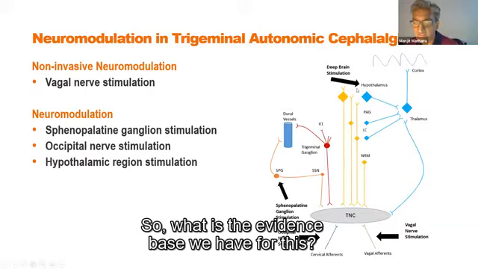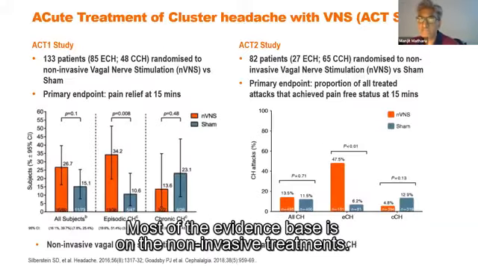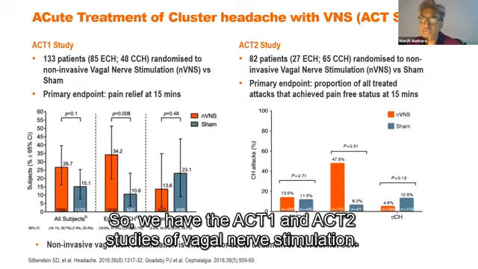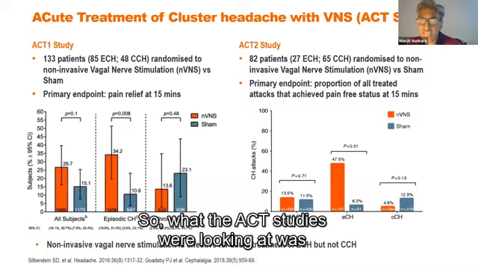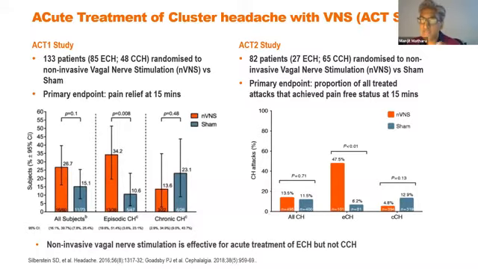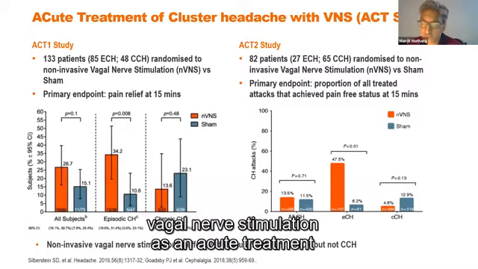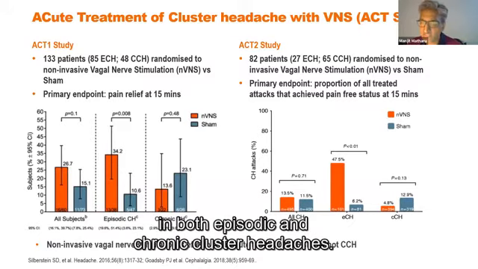So what is the evidence base we have for this? Most of the evidence base is on the non-invasive treatments. So we have the ACT 1 and the ACT 2 studies of vagal nerve stimulation. What the ACT studies did is they were looking at vagal nerve stimulation as an acute treatment in both episodic and chronic cluster headaches.